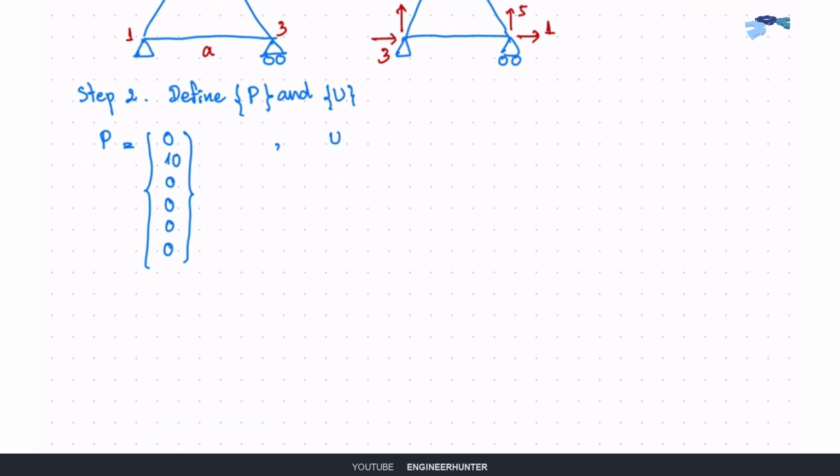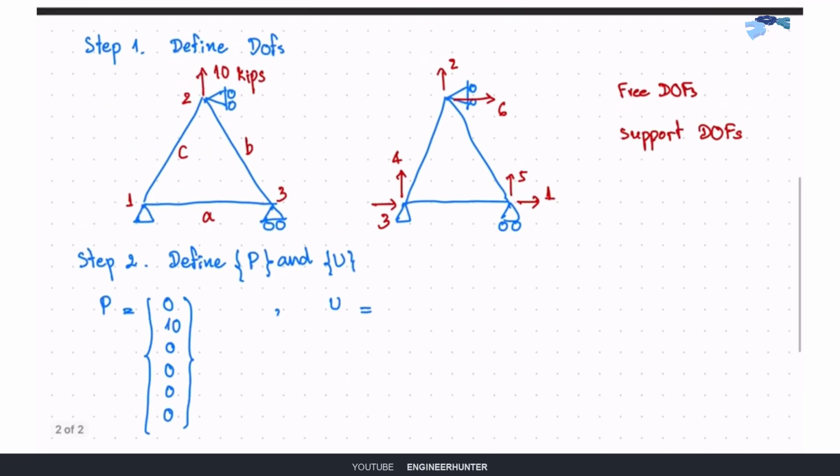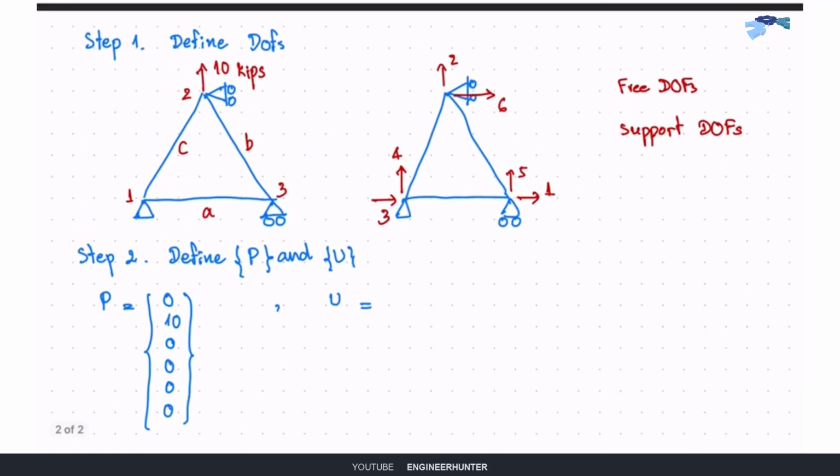Next, the vector u. So we have 2 unknown displacements: the displacement at degree of freedom number 1 and number 2.